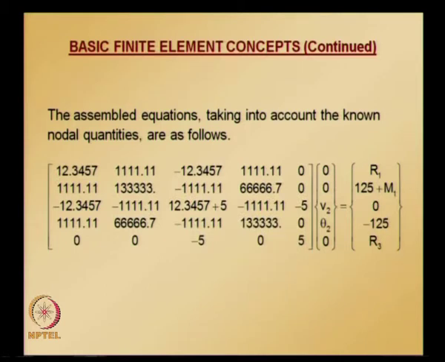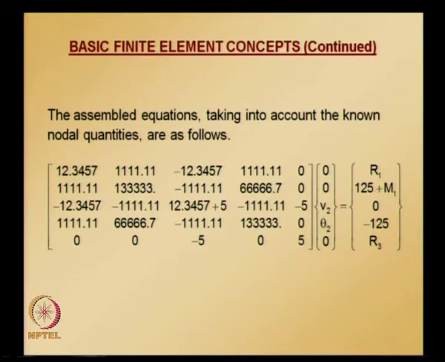Please note that node 1 is fixed, so V1 and theta 1 are 0. Whenever displacements and rotations are constrained, reactions will be developed. So the reaction because of the constraint of V1 is R1, the reaction because of constraining theta 1 is M1, and V3 is also constrained, so the corresponding reaction is R3.